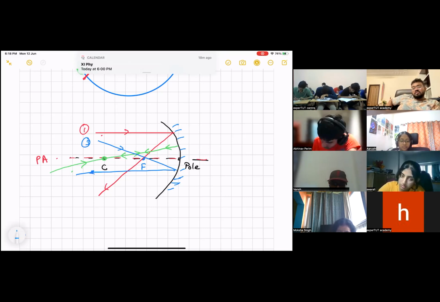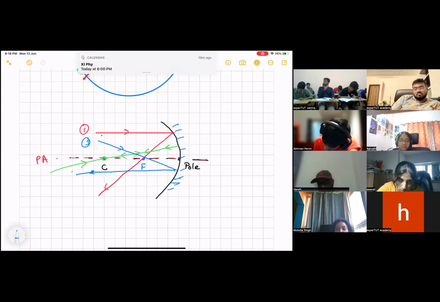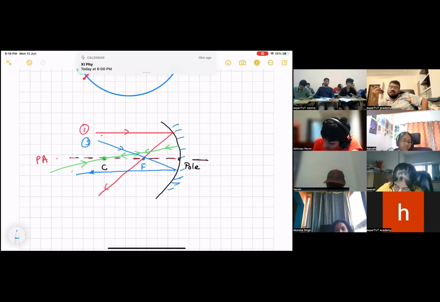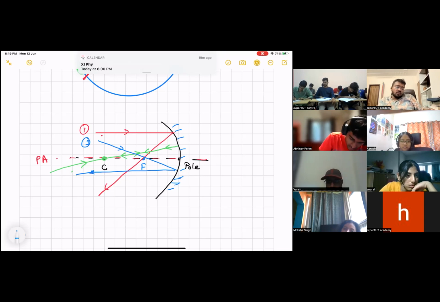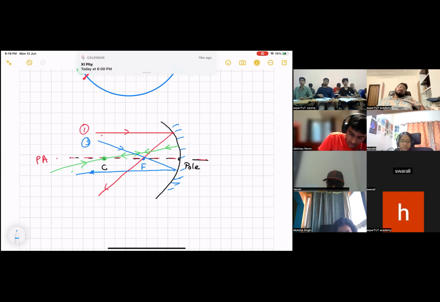Second, light passing through the center of curvature will go back undeviated.